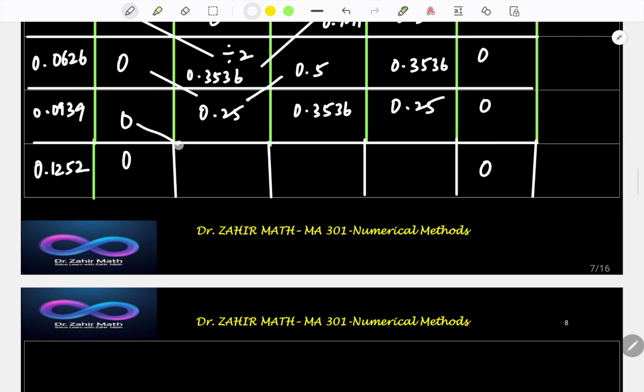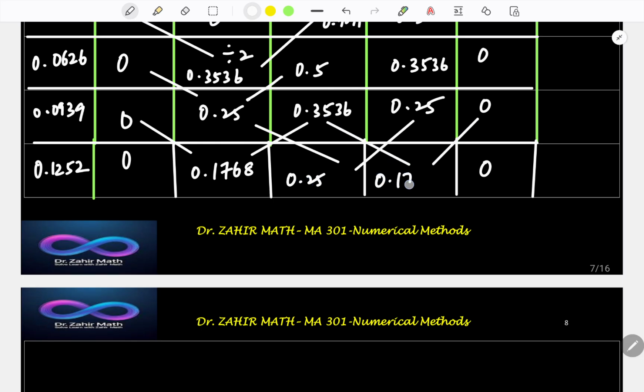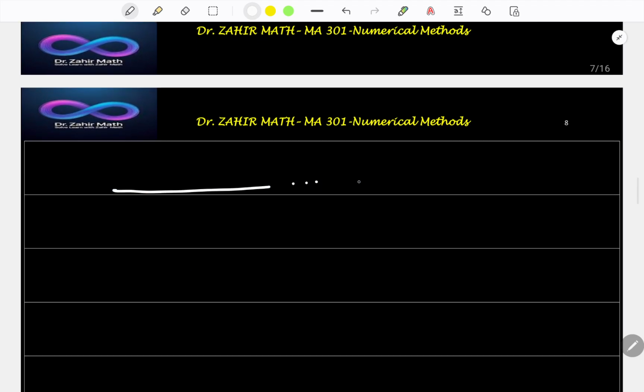Right. And then next this one and this one divide by 2, I'll get 0.1768. And this one and this one divide by 2, which is 0.25. This one and this one divide by 2, 0.1768. So in this way, the table is completed, right?